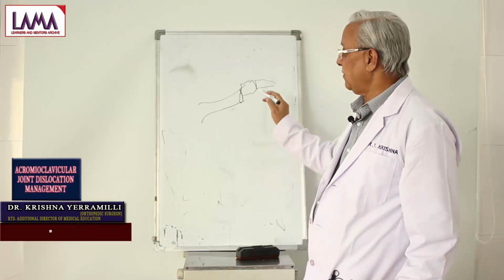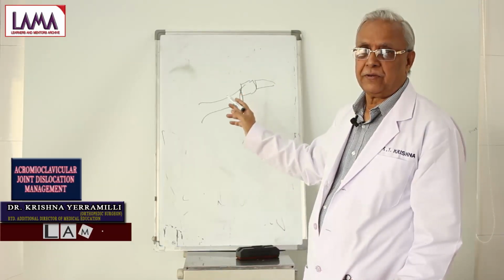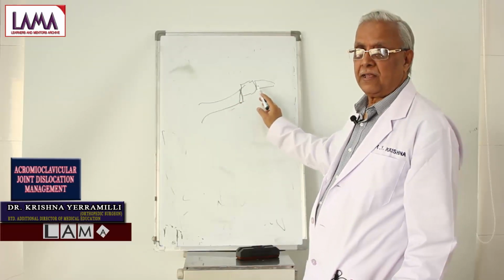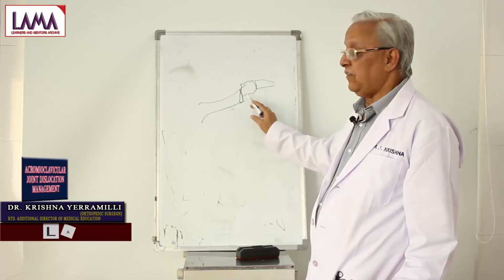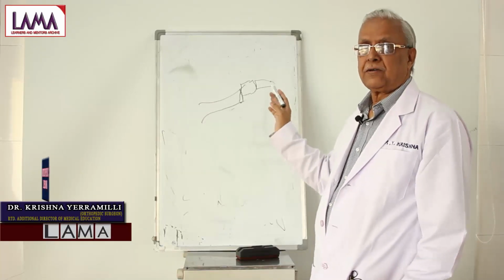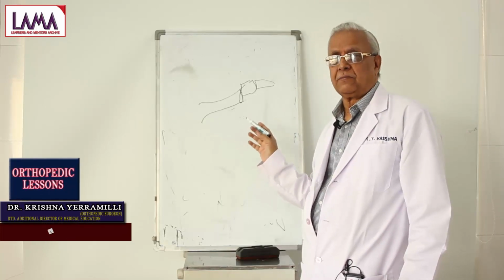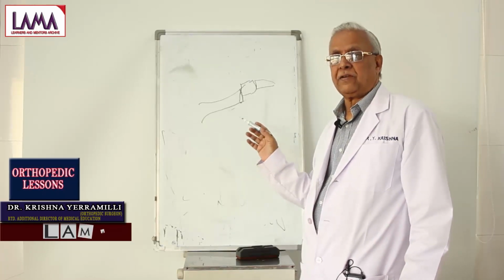So you have got to be very careful to make out the difference between just a dislocation at the acromioclavicular joint and a fracture with displacement near the outer end of the clavicle. Both look alike sometimes, and unless you are very careful, you may mix up one for the other.